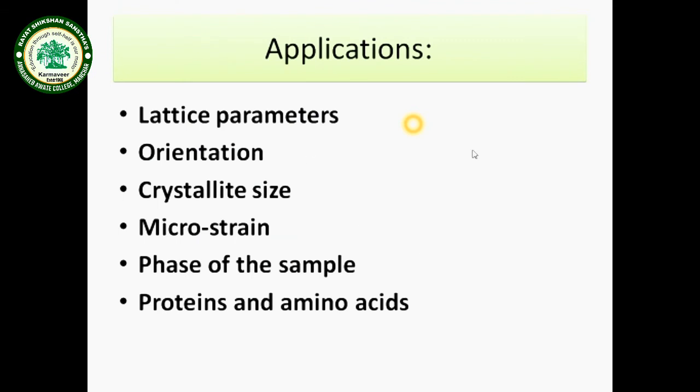Regarding some applications that have been summarized here, we can systematically study lattice parameters, that is a, b, c and alpha, beta, gamma. We can determine orientation, and we can determine crystallite size. If we are incorporating or doping the given material with some foreign atom, then the lattice parameter will change.